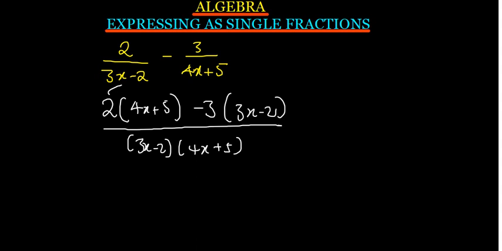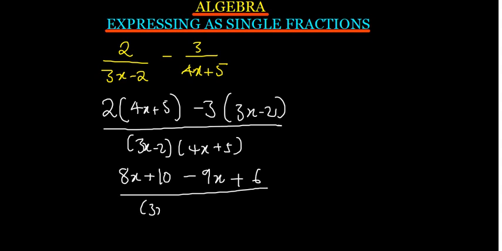So we are going to multiply 2 times 4x and 2 times 5. 2 times 4x gives us 8x. Then 2 times 5 gives us 10. Then negative 3 times the 3x is negative 9x. And negative 3 times negative 2 is positive 6. And in the denominator, we still have the same thing, 3x minus 2, then 4x plus 5.